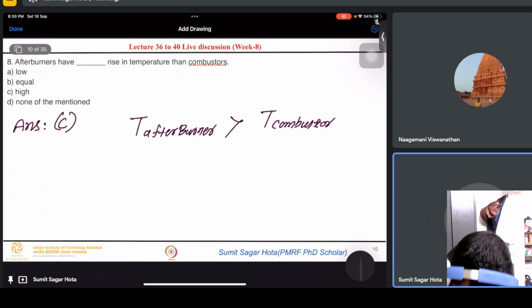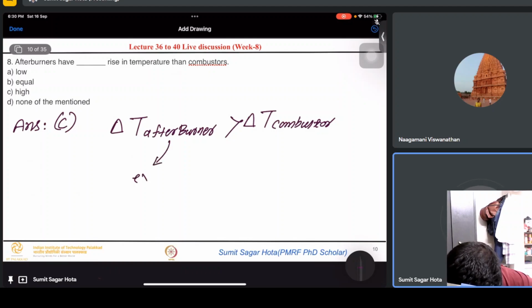Rise in temperature is the delta T. What exactly is an afterburner? The name suggests after burning, whatever thing is left. After burning, what are the things left? Obviously exhaust gases. Do exhaust gases have less temperature or high temperature? Obviously exhaust gas has high temperature.